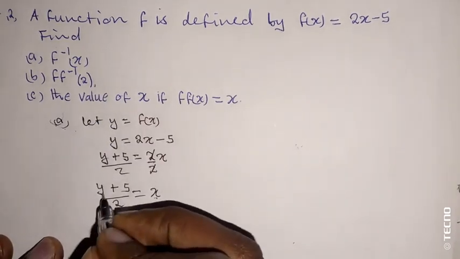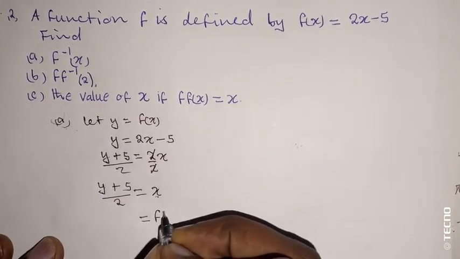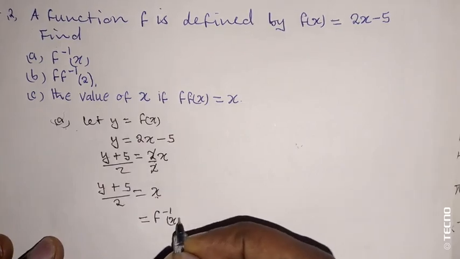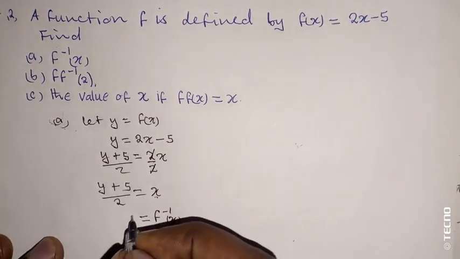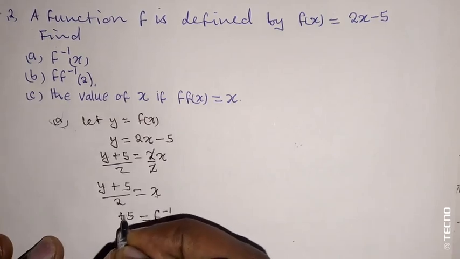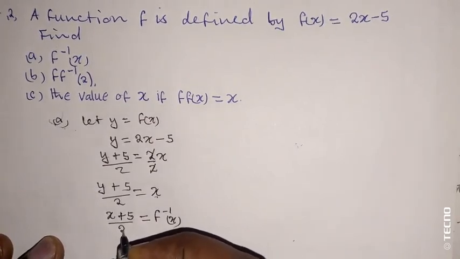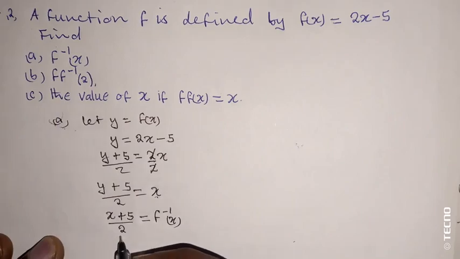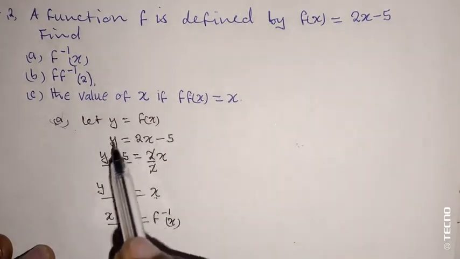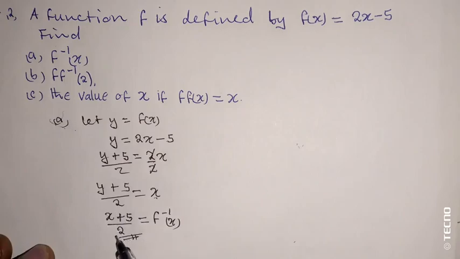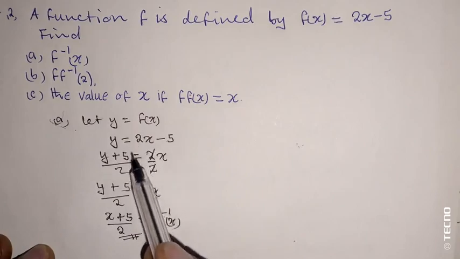So we'll say f inverse of x is equal to, on this side, x plus 5 over 2. So this is the inverse of f of x. Remember, this is the only way that we can work out this, where you let y, where you make x the subject.